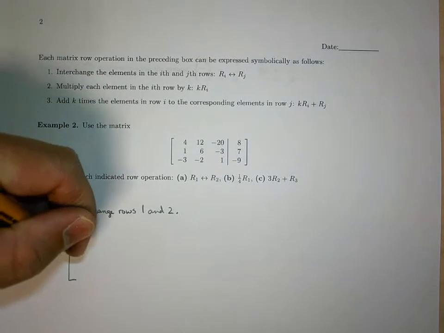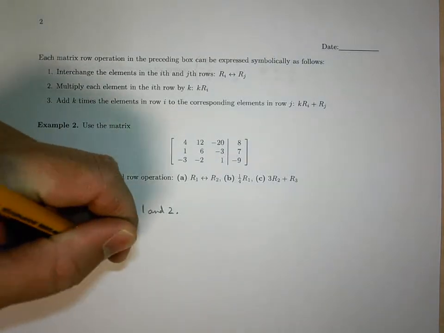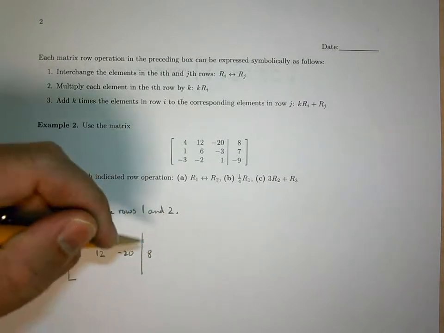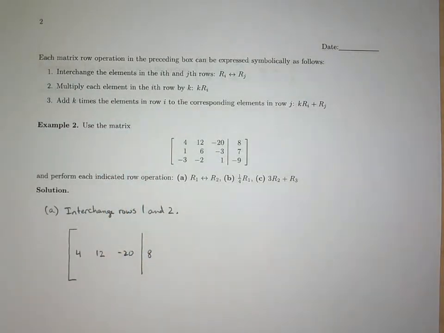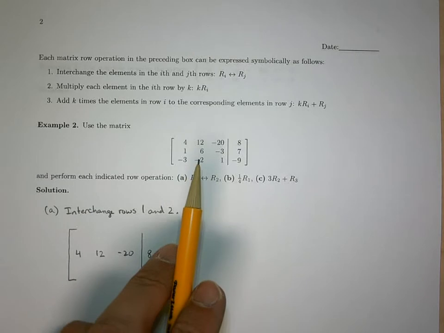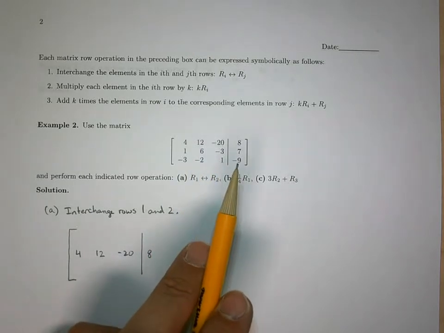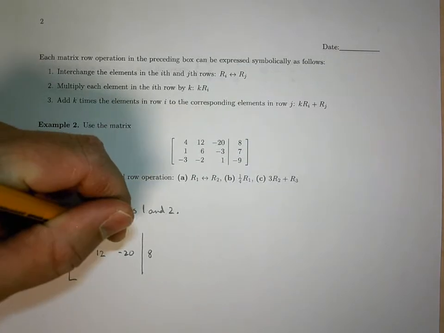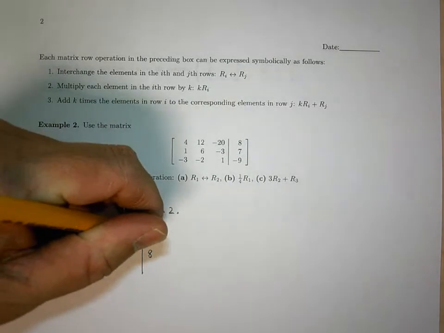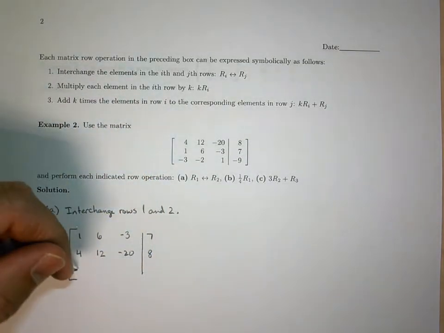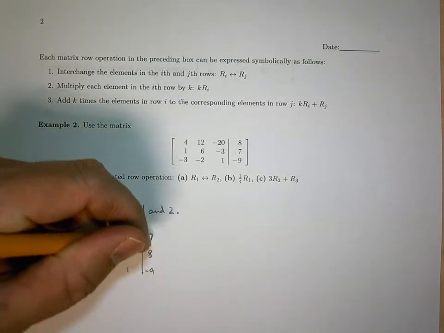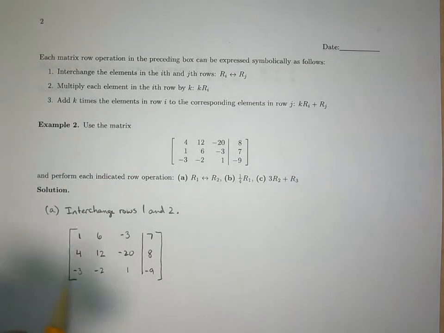Now it's the second row. We see that 1, 6, negative 3, and 7 is the second row. Now it's the first row. The third row, we're going to keep the same as it was before. We're only interchanging the first and second. So that's our new matrix.